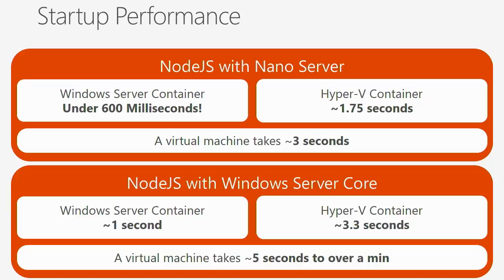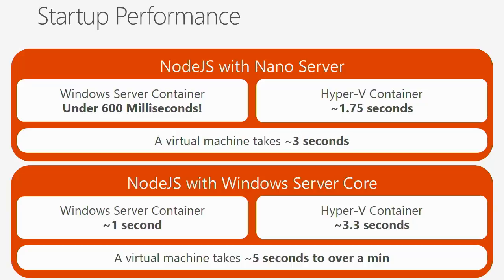If you look at this, the top box is Node.js with Nano Server, under 600 milliseconds in a Windows Server container. So I want to be really clear on this, and this was put together by my team. I'm a bit grumpy about this slide because the virtual machine number is misleading. The virtual machine number is how long it takes to boot up a pre-configured virtual machine and get Node.js running.